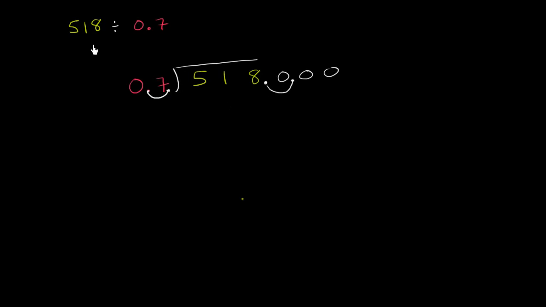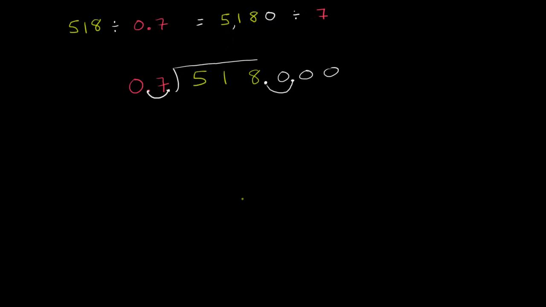So really what we're saying is 518 divided by 0.7 is the same thing as 5,180 divided by 7. Notice, all we did by moving the decimal one place to the right is multiply both of these numbers by 10, which is not going to change the actual value.